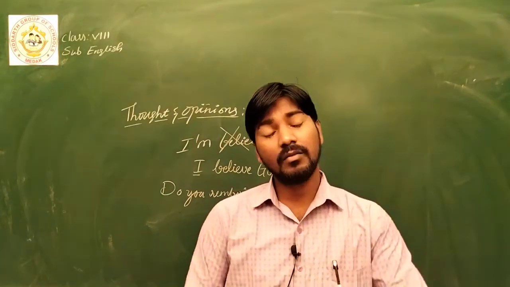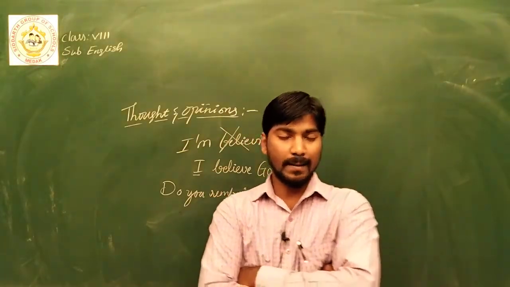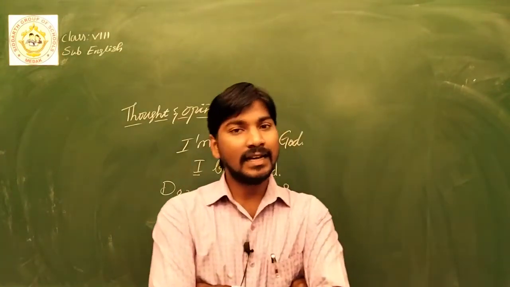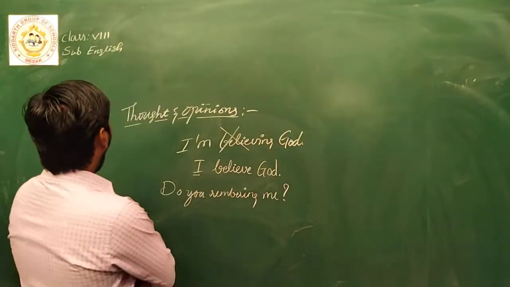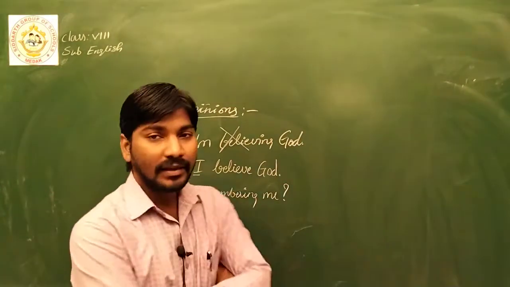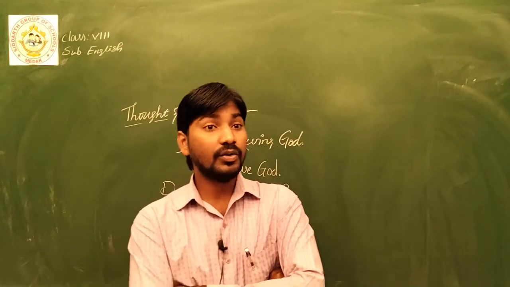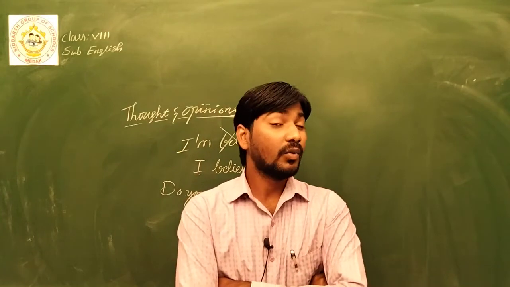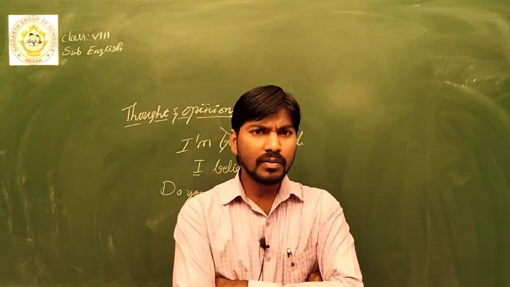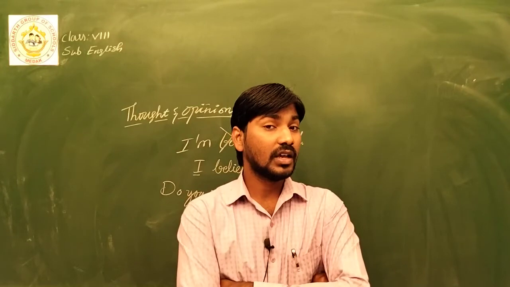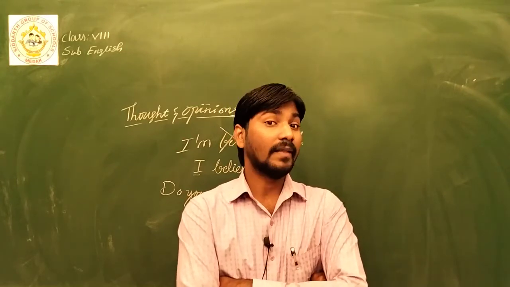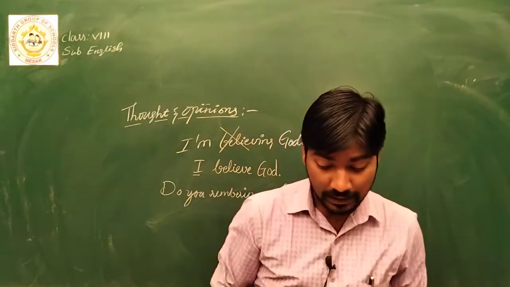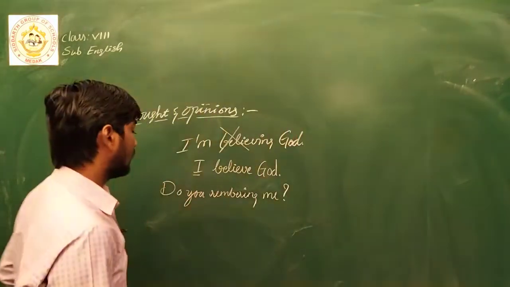For example, you and your friend meet after a long time, and he says something about you, that you did something when you were in school, in 6th class, in 5th class. Then you should not say, "Do you remembering that?" because it is already an opinion and a permanent verb. We should not use continuous tense. We have to use only simple present tense.